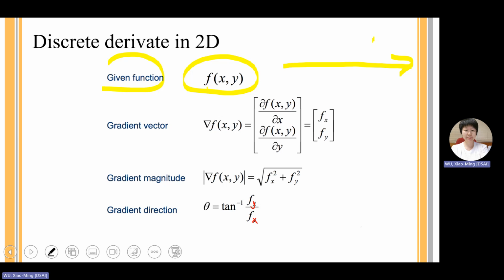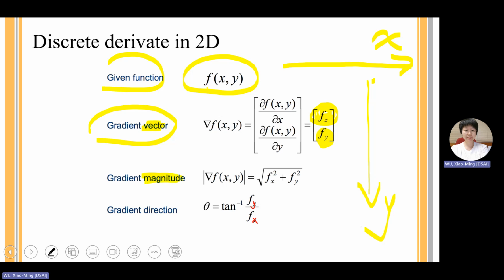We can take the derivative in the x direction, this is fx. We can also take the derivative in the y direction, and this is fy. With two derivatives, now we have a gradient vector, consisting of the x derivative and the y derivative. And when we have a vector, we can compute the gradient magnitude.